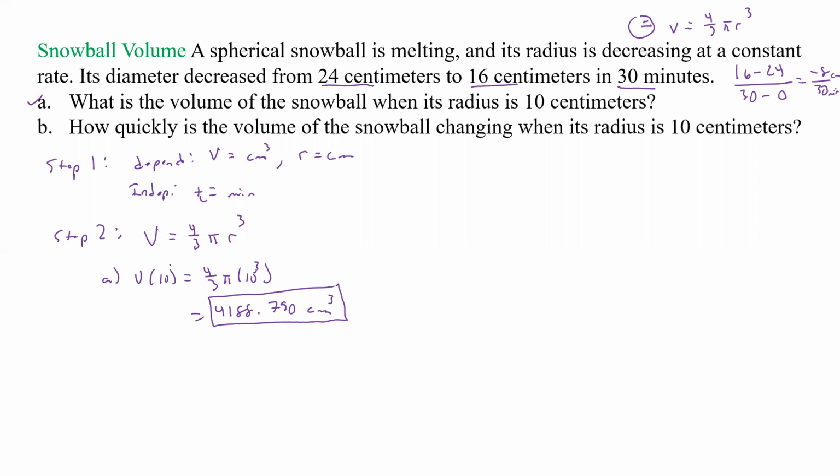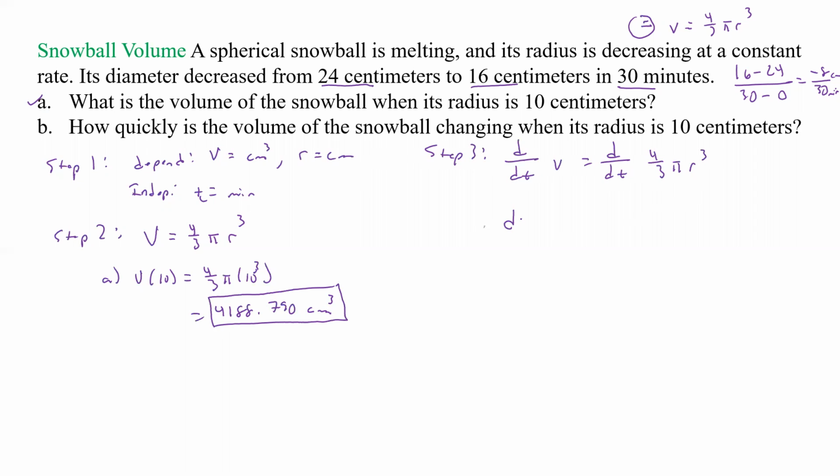Now for part B, we have to take the derivative of this. So step 3 is the derivative. We're going to take d/dt of V equals d/dt of 4/3 pi r cubed.